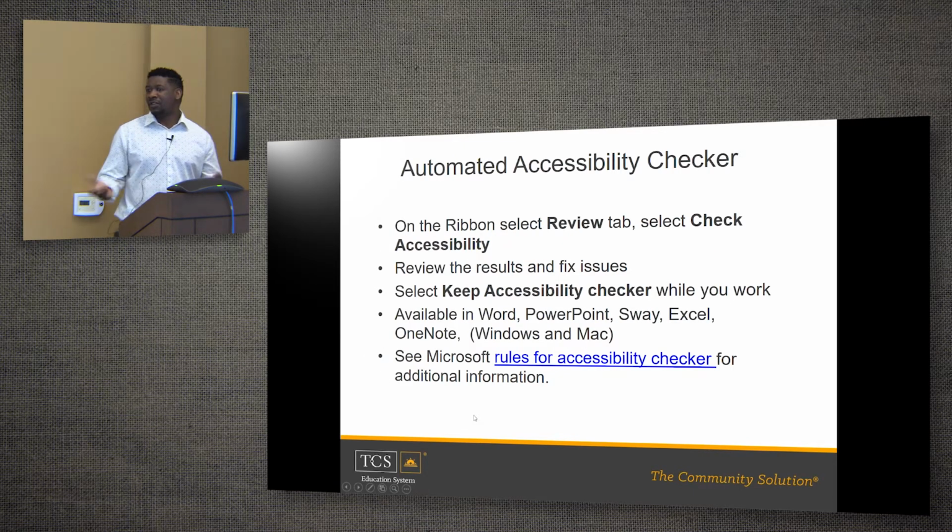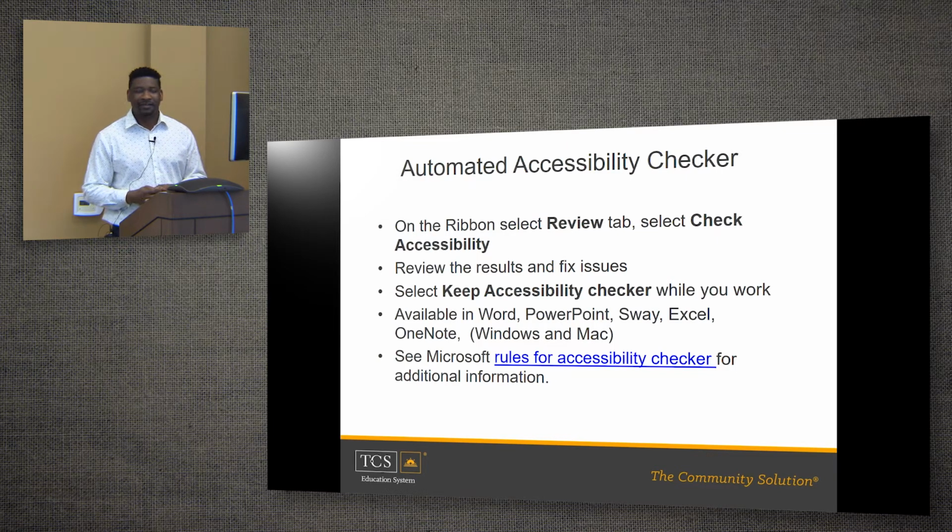Now, one of the things that we can rely on to help us as we navigate through making sure that our documents are accessible is utilizing some of the tools that are already there. Microsoft has a built-in accessibility checker. Use it. It's actually not too bad. It will allow you to be able to catch some of the common accessibility errors.